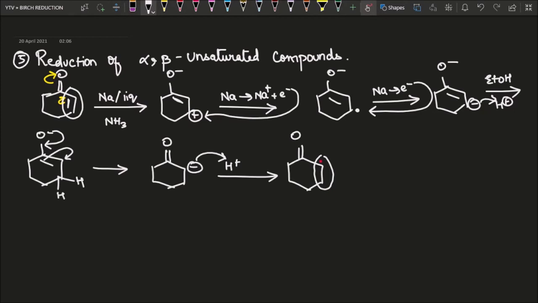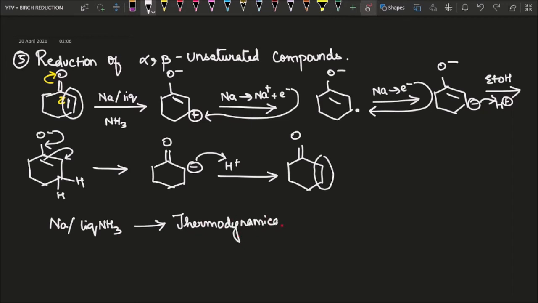Now one thing that you have to remember over here is that whenever you take an alpha beta unsaturated double bond, here we have a single ring. If we have a decalin system, wherein you have two double bonds, and then if the reduction is going to occur at the junction, then always the sodium metal dissolved in liquid ammonia will always result in, after reduction, it will always form thermodynamically stable product.